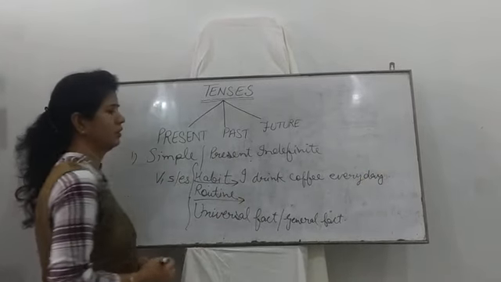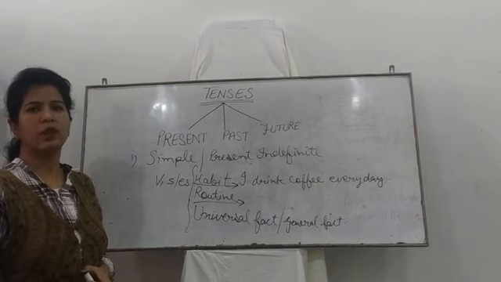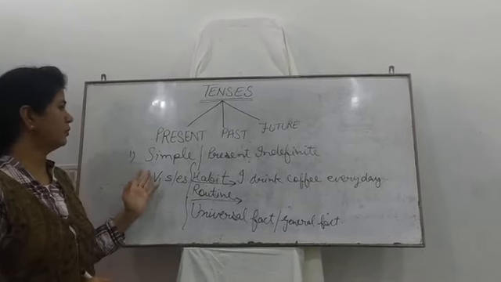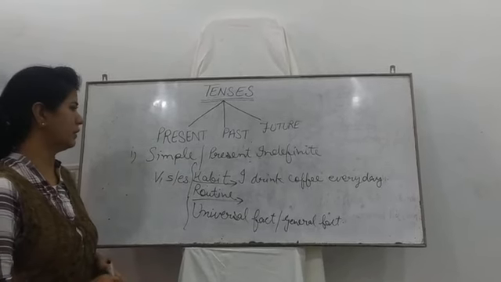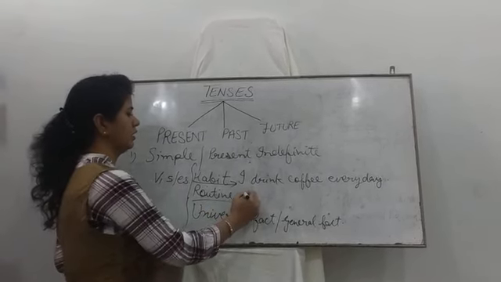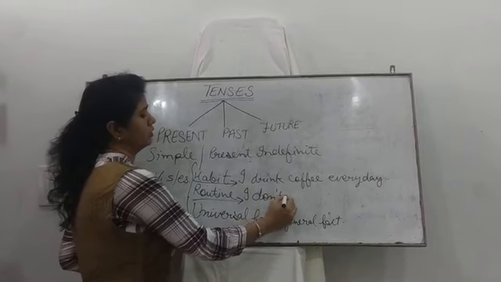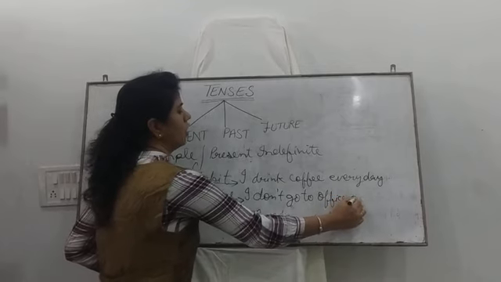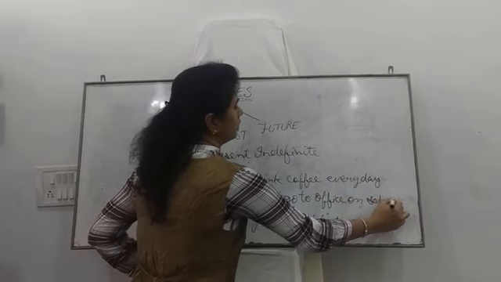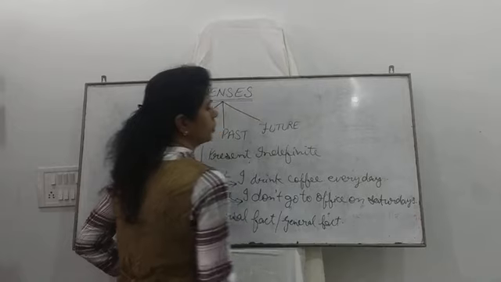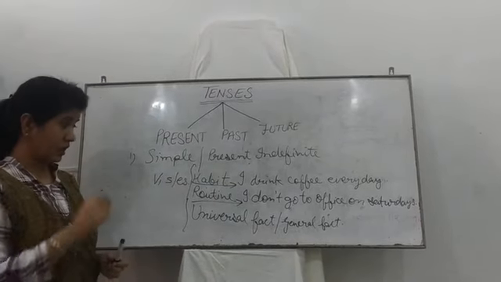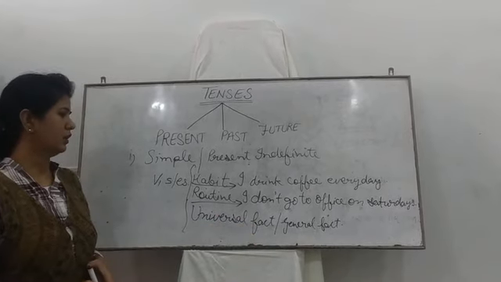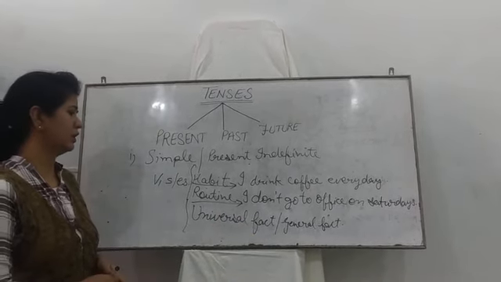And if I talk about my routine, then again I will talk in present tense. Like, I don't go to office on Saturday. Okay? And if I talk about a universal fact or general fact, then again I will use present tense.